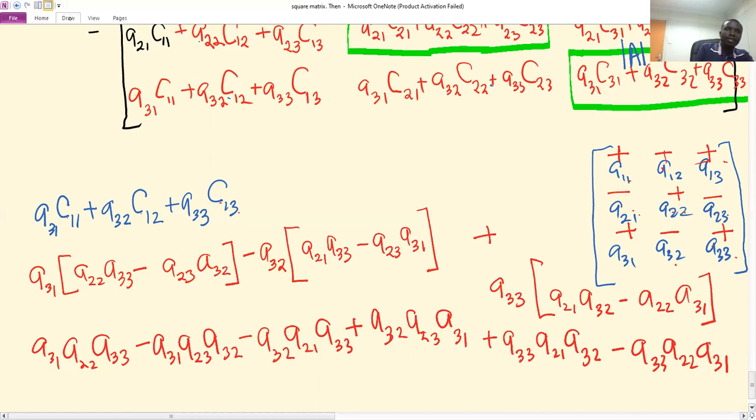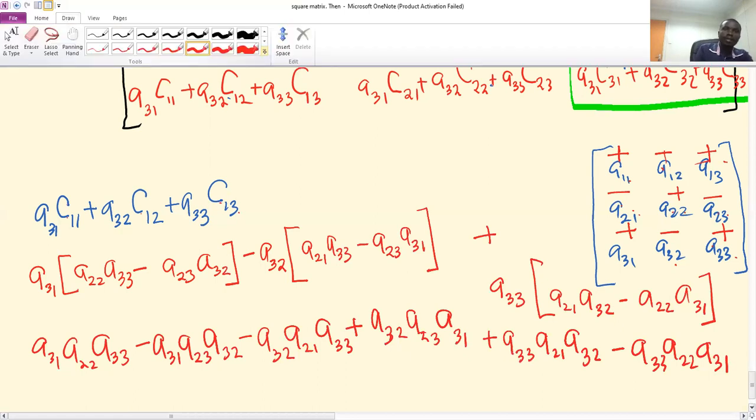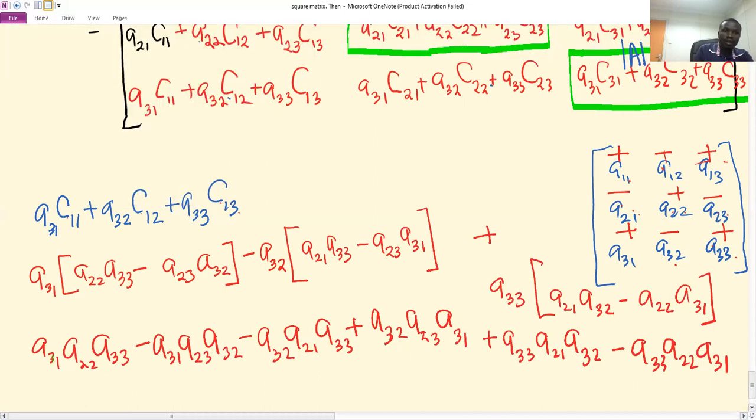Now you see in this product, A31, A22, A33, and we have minus A33, A22, A31. So this and this one cancels out because they're the same terms with opposite signs. And here we have A31, A23, A32.